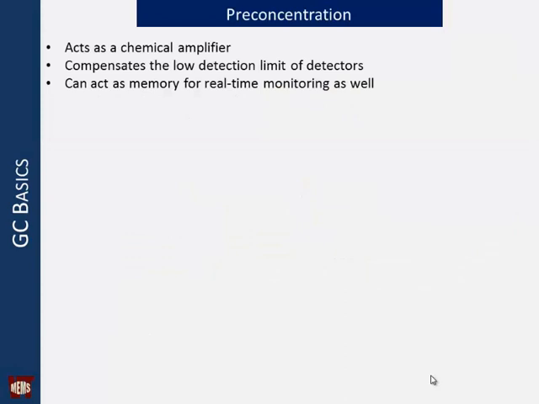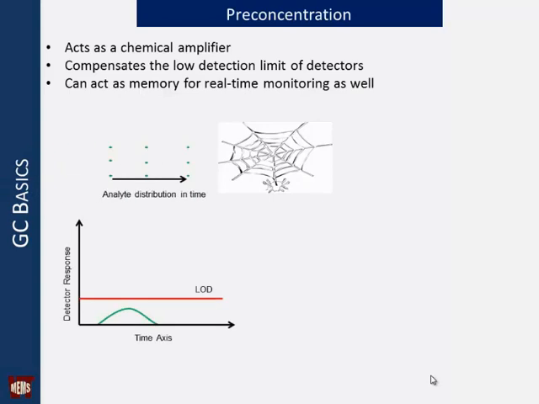So what is the function of the preconcentration? The preconcentration acts as a chemical amplifier. In environments where you have a low concentration of the analytes, you need to enhance the concentration. If you have low concentration, your detector cannot detect the components because it will be below the limit of detection.